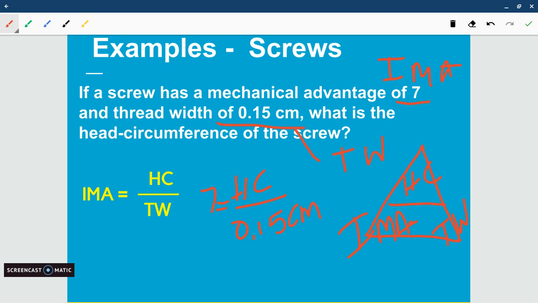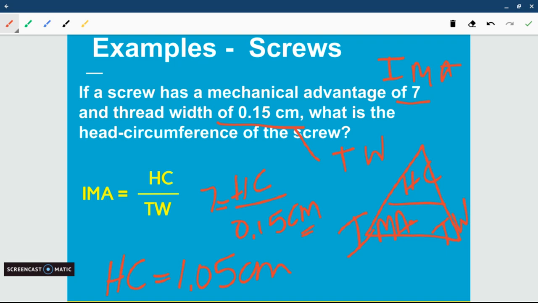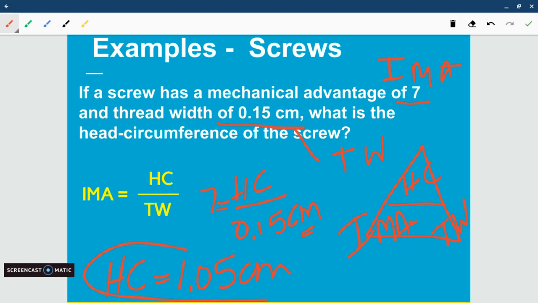Either way you set it up, you would end up multiplying 7 times 0.15 to get an answer of head circumference of 1.05, and again, centimeters, because I have centimeters here, I need centimeters on my answer so that I have both of those done.